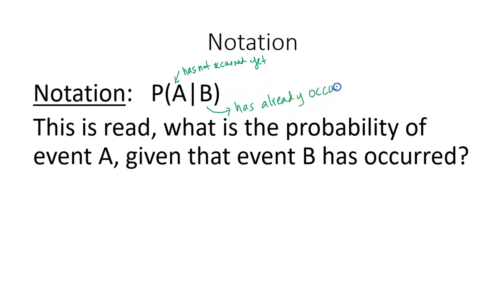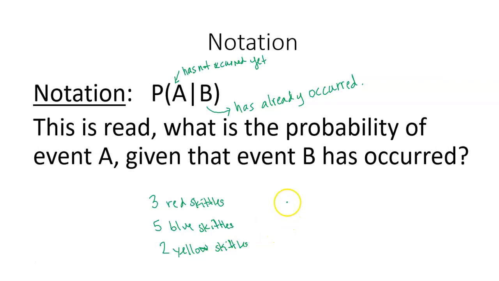So for example, I might have a bag of candy, and in the bag I may have Skittles and M&Ms. Skittles have different colors. Let's just say I have 3 red Skittles in the bag, 5 blue Skittles, and 2 yellow ones.